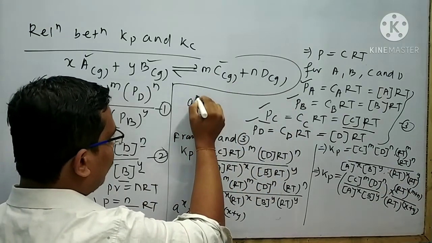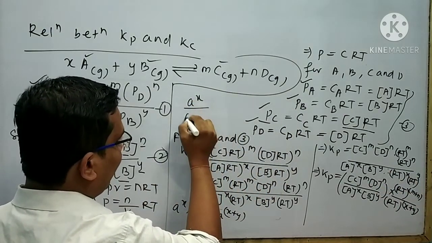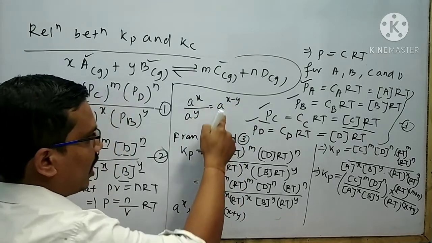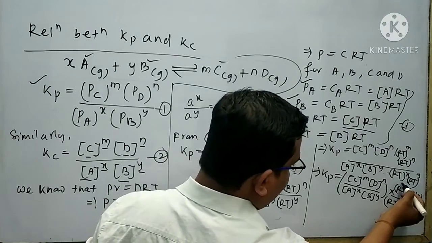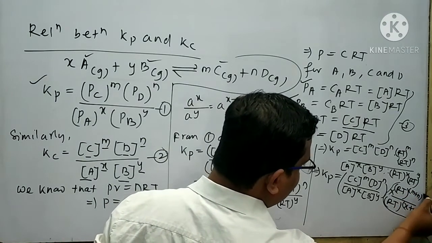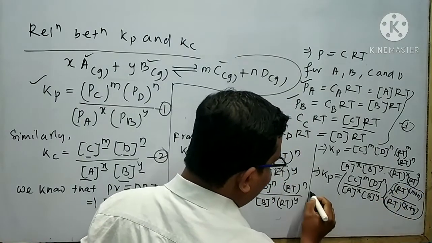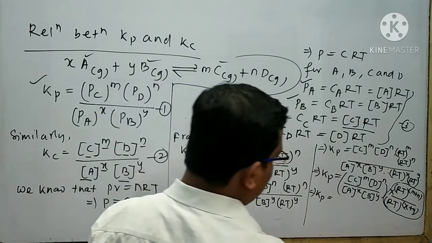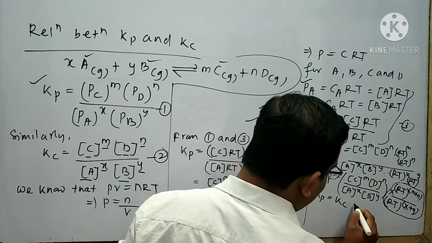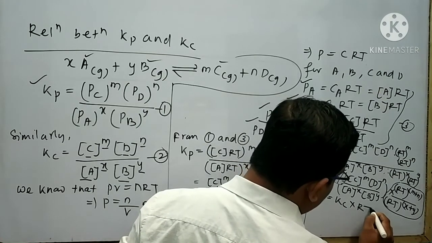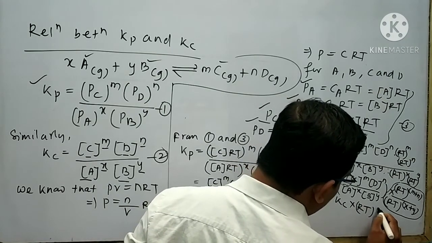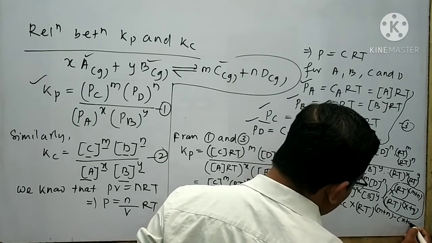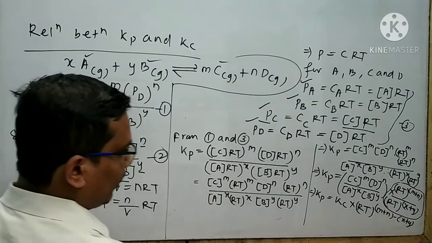Again, we know that a to the power X divided by a to the power Y equals a to the power X minus Y. Now apply this for this term. So I can write Kp equal to Kc into RT to the power M plus N minus X plus Y. Look at that.